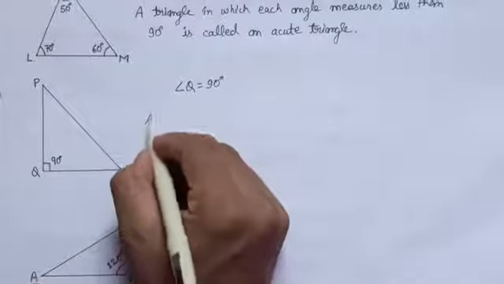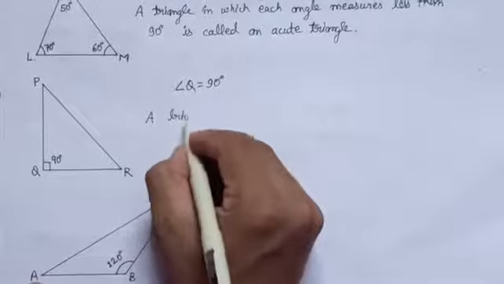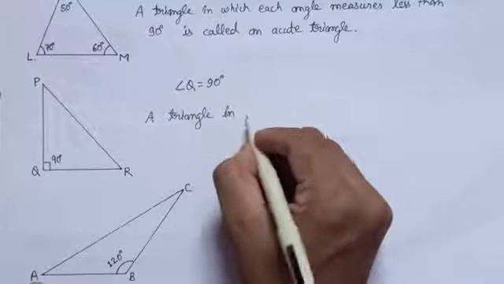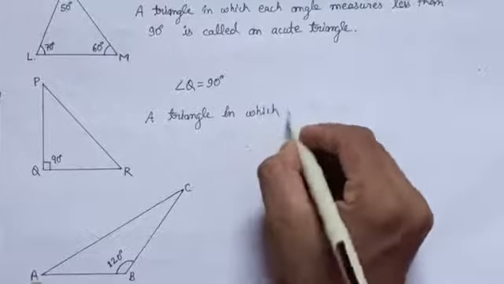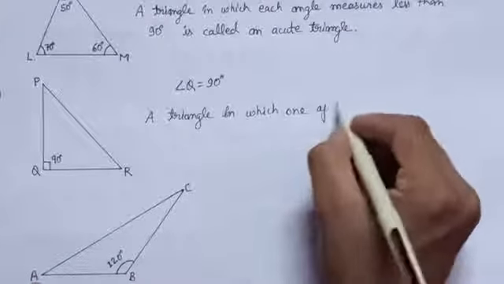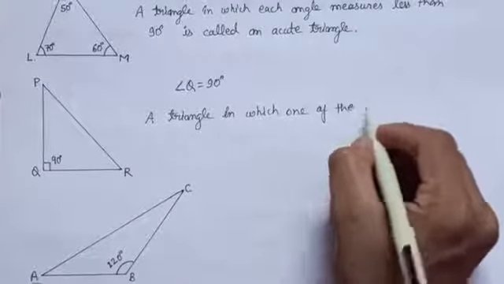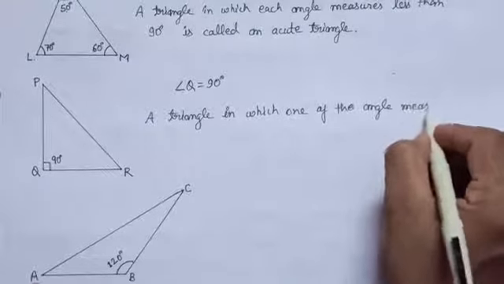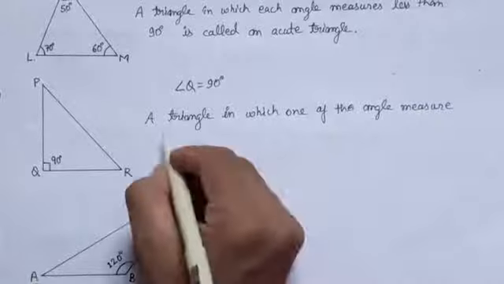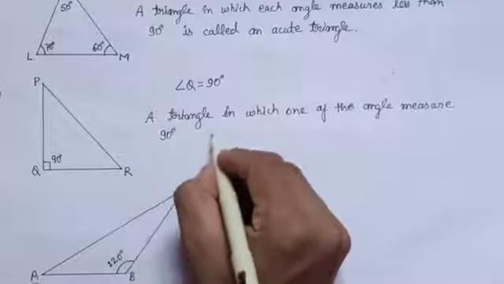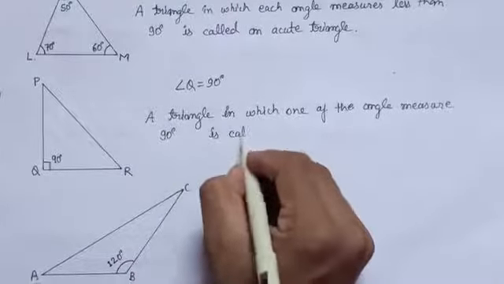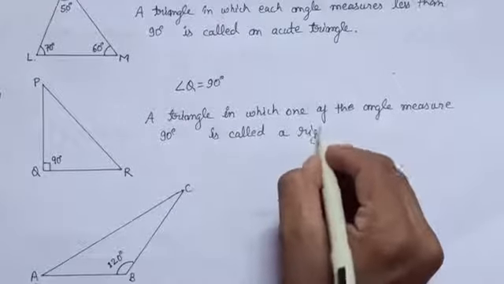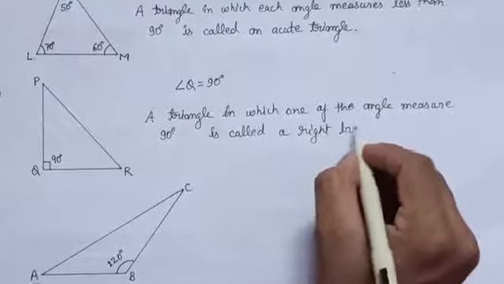Hence we can write: a triangle in which one of the angles measures 90 degrees is called a right triangle.